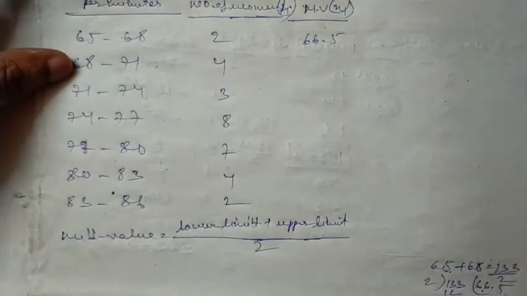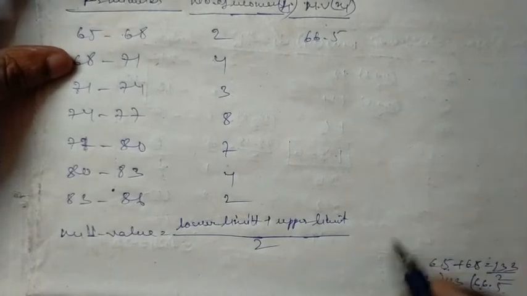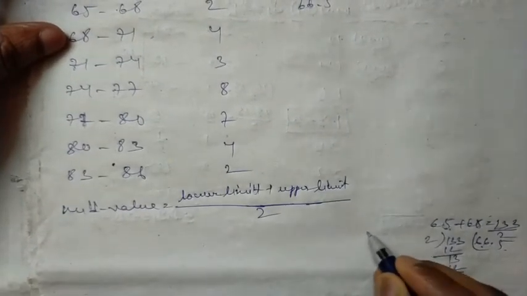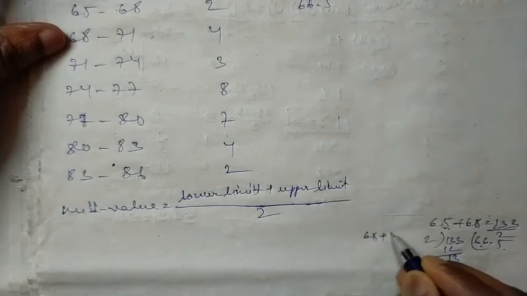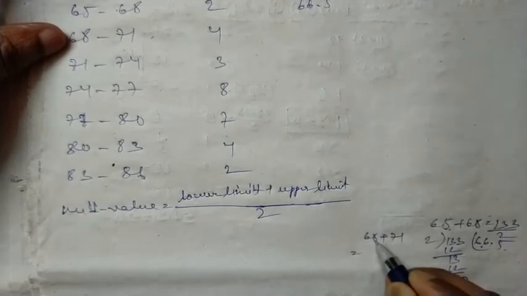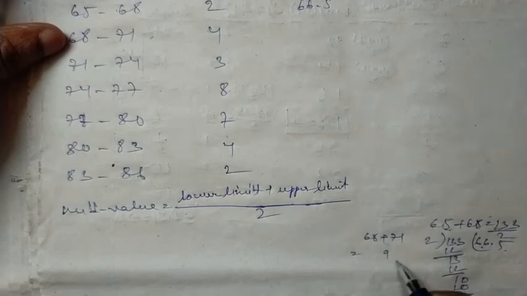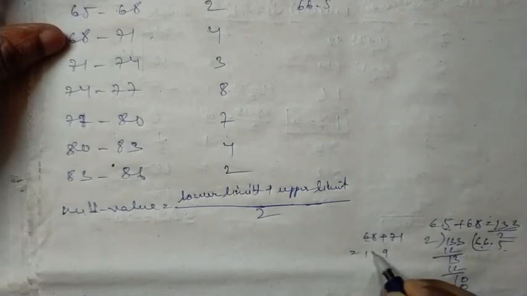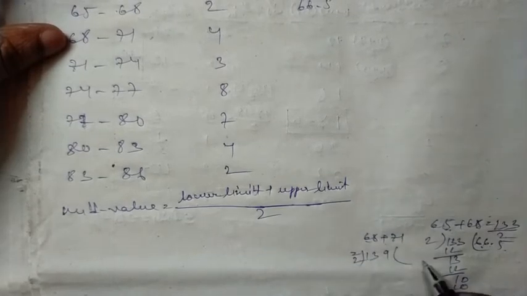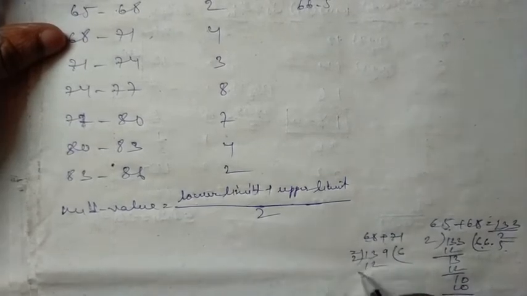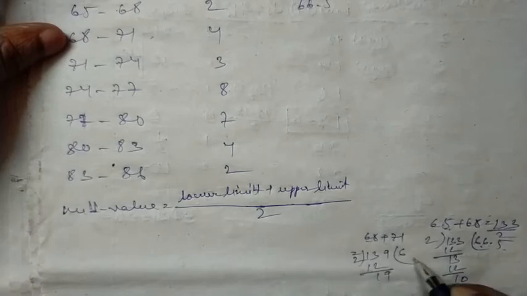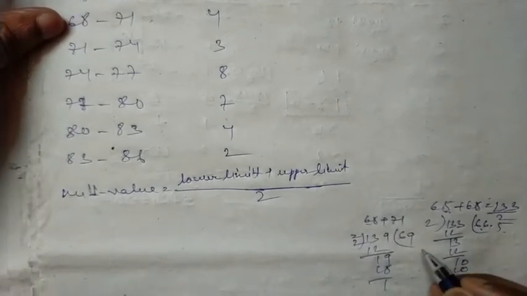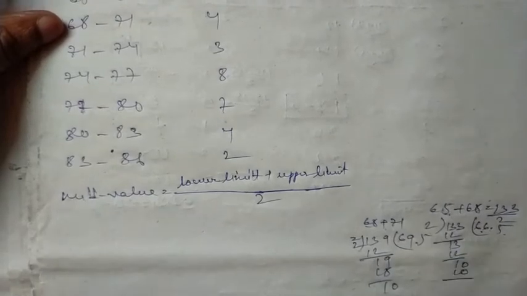Let's see what we get. 8 plus 1 is 9, 6 plus 7 is 13, divided by 2: 2 sixes are 12, 1, 2 nines are 18, 1, 2 fives are 10.